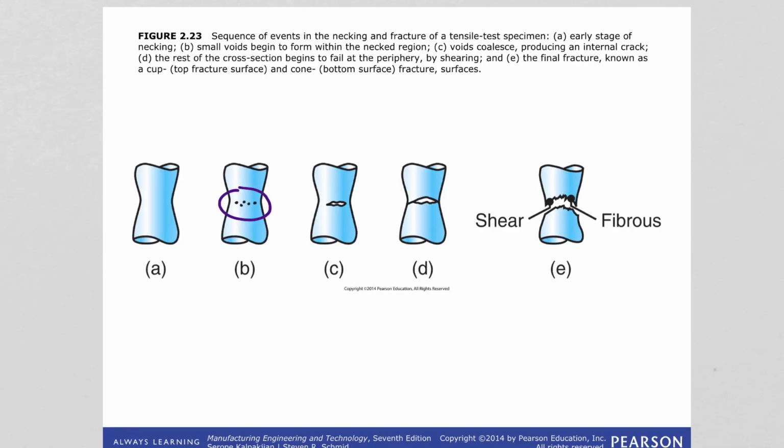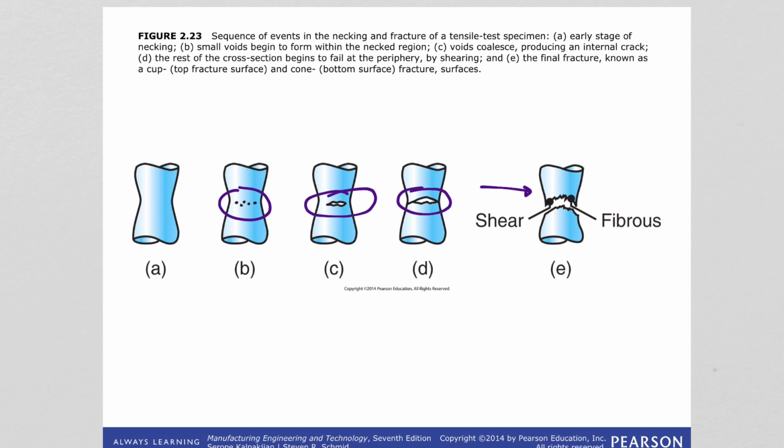So failure is initiated with the formation of tiny voids, and usually this is happening around small inclusions or pre-existing voids, which then grow and coalesce and develop microcracks, which continue to grow in size and then lead to fracture.